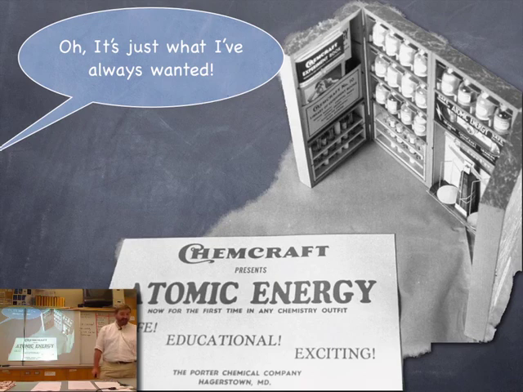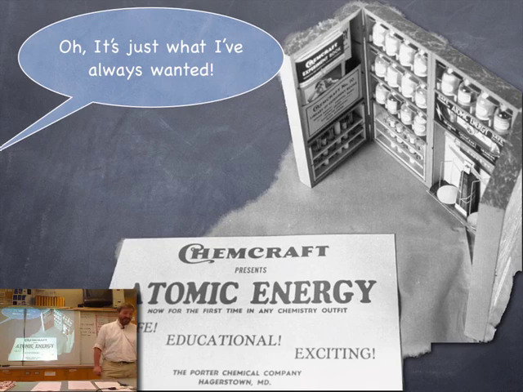It's pretty cool. People didn't fully understand the dangers associated with the radiation. Not to say that this kit was super dangerous, but it did have fairly significant amounts of radiation in it. But you could do a lot of really cool stuff with that too.